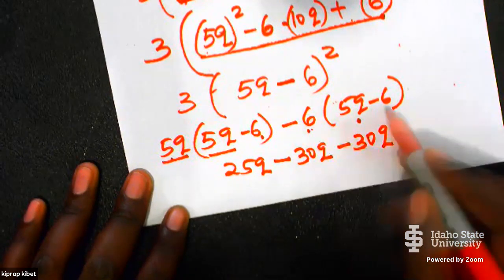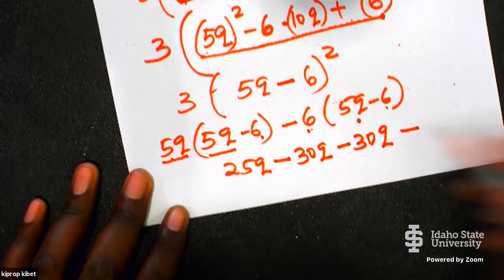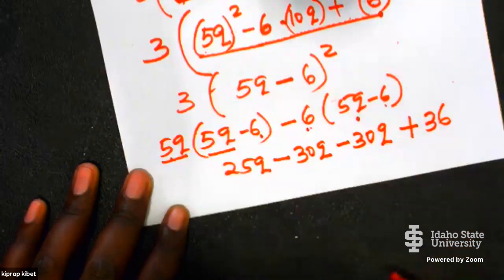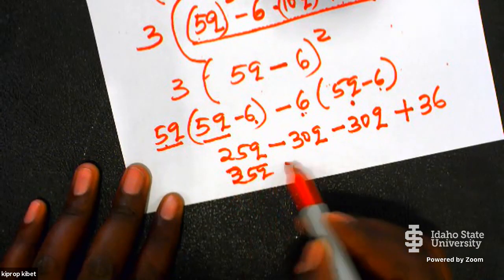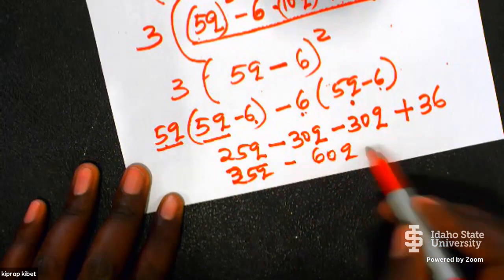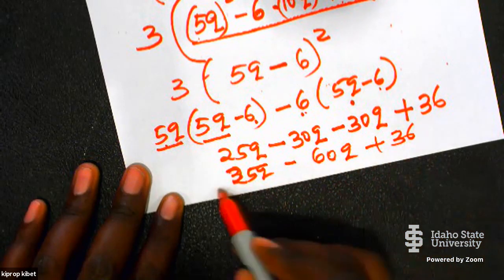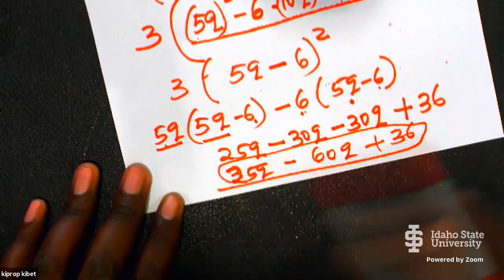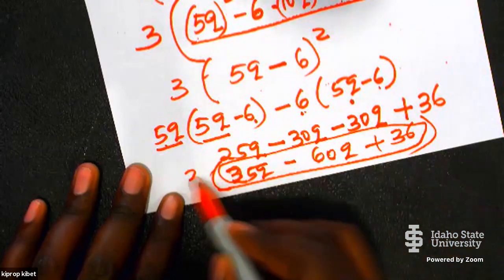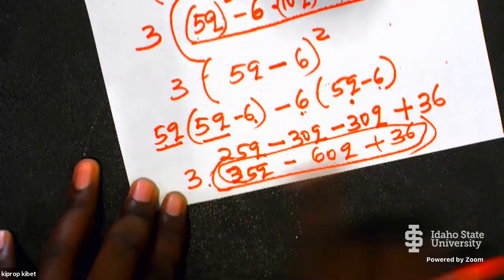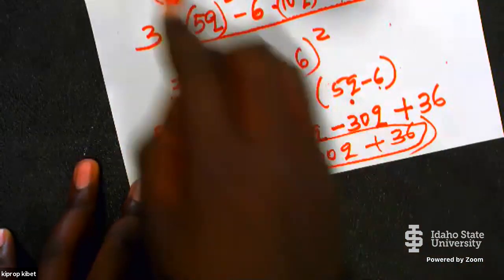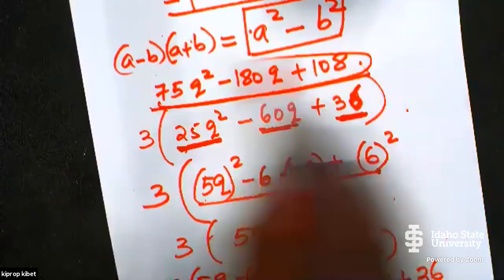And then this and this will give us plus what? 36. So when you simplify that, you get 25q squared minus 60q plus 36. And then definitely we have the 3 outside there. So when you open these brackets here, then what you get is our final answer here, which is this.